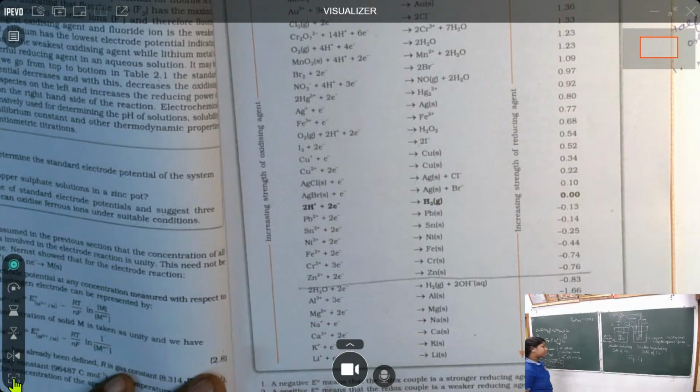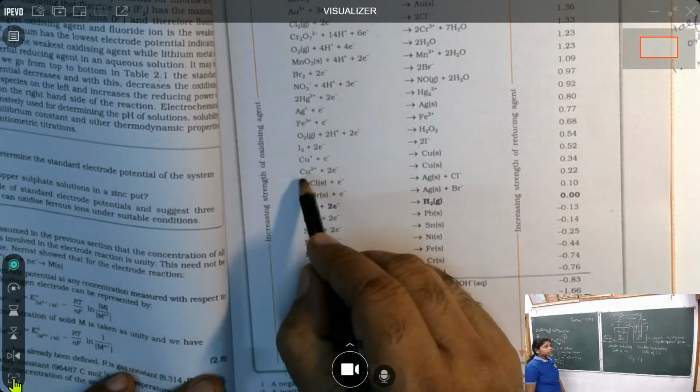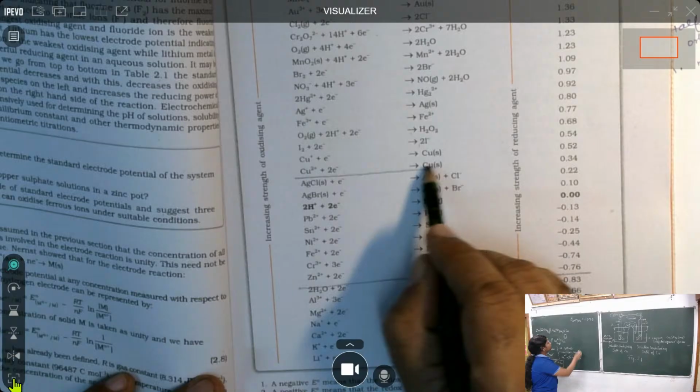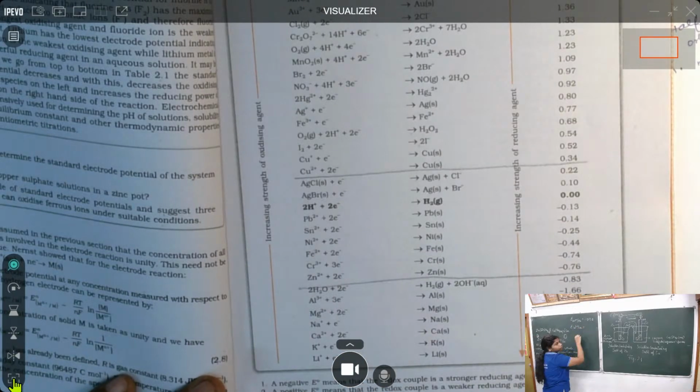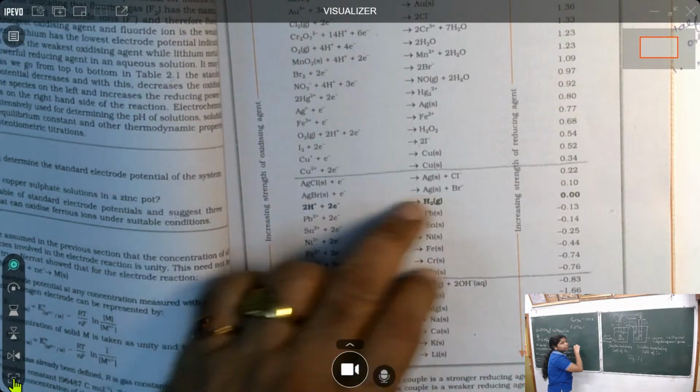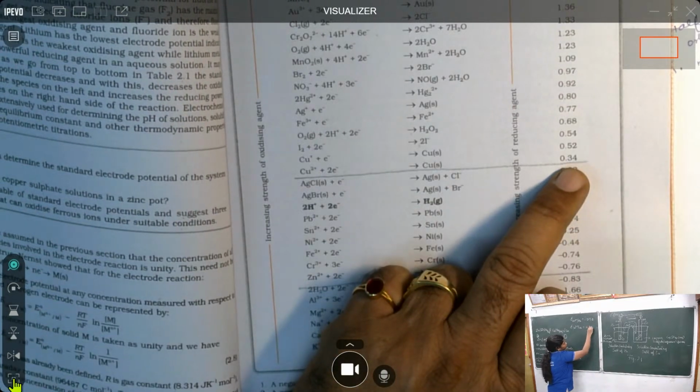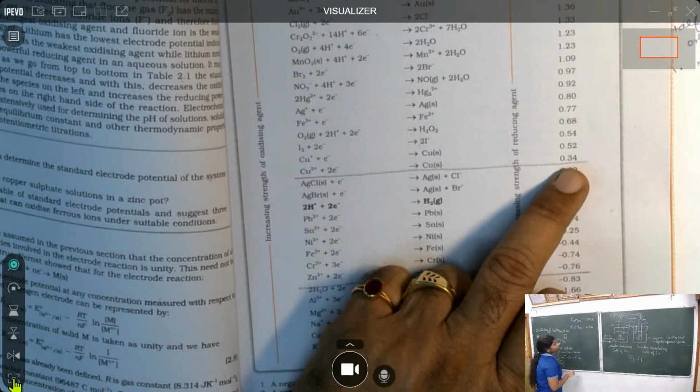Okay? Then what about copper? You got here copper 2 plus. Write down, that is 0.34 V. Right?